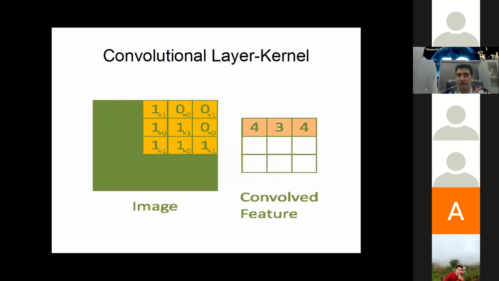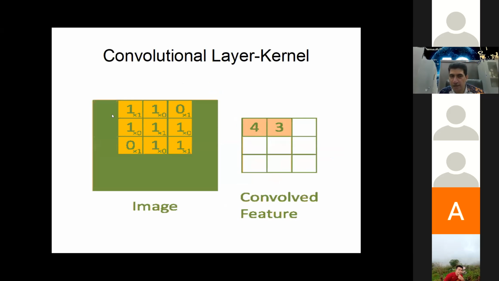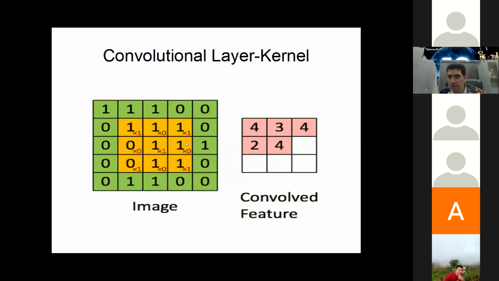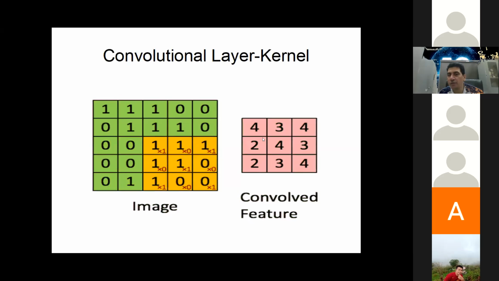Now, how does it work? These slides are images taken from the net itself, just for a better understanding of how the convolution layer works here. So this is a kernel. I'm moving this kernel through this image, and for each position, the output I'm getting is 4, 3, 4, 2, 3.